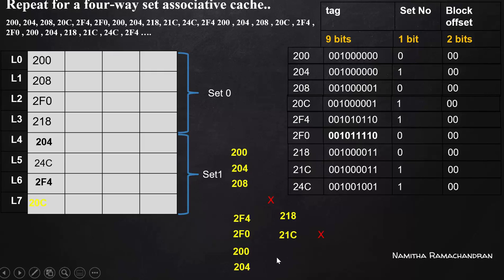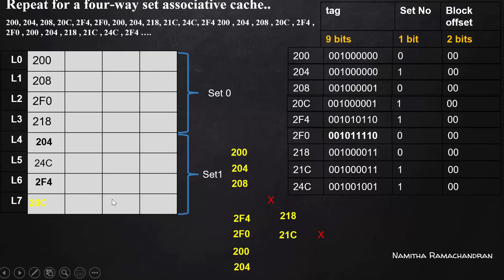So this is again a miss. Right? So what do we want to do? From this position, consider each of these addresses in backward direction and identify the least recently used address. In which set? Set number 1, because for 21C we need a particular line in set number 1. So we need to make room here.